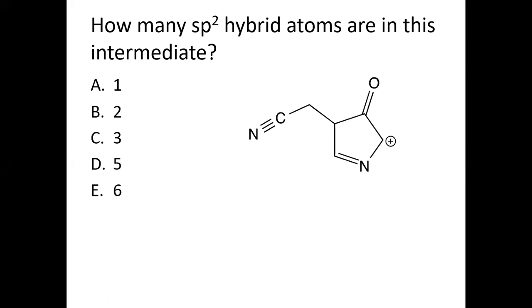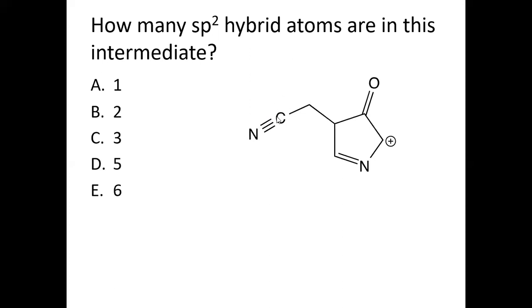So I know that these two are sp3, right? That still hasn't changed. How many things is this carbon connected to? 2. So is it sp or sp2? This is sp, and so is this nitrogen, because it's the lone pair in the bond. So this is sp.